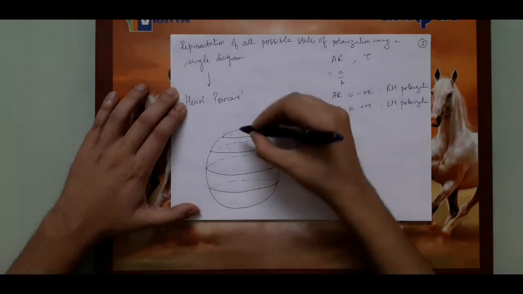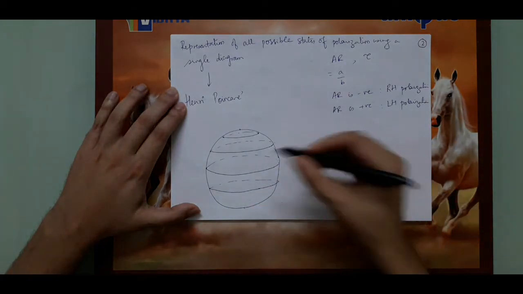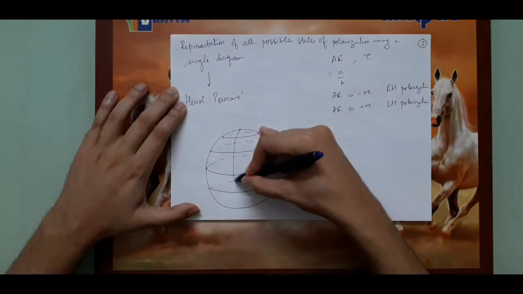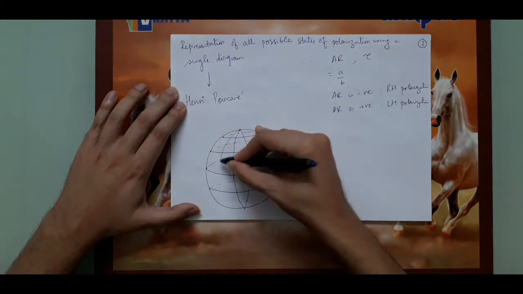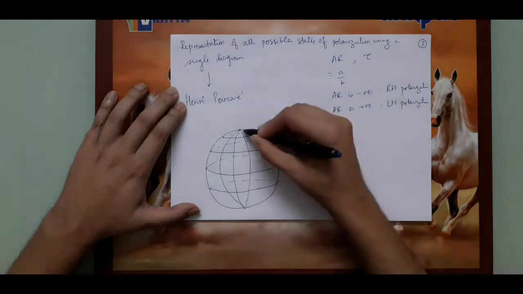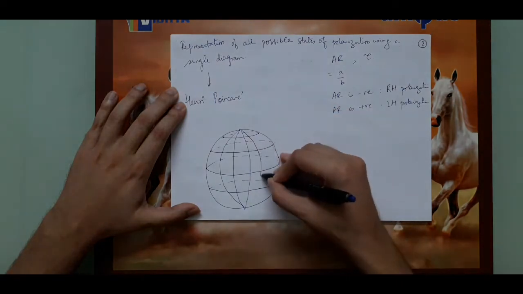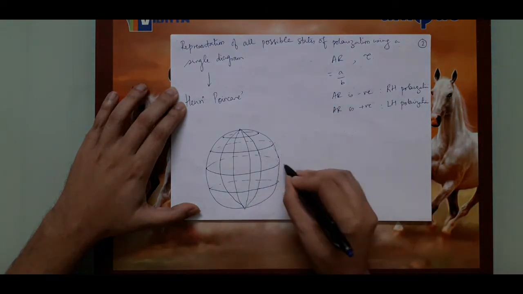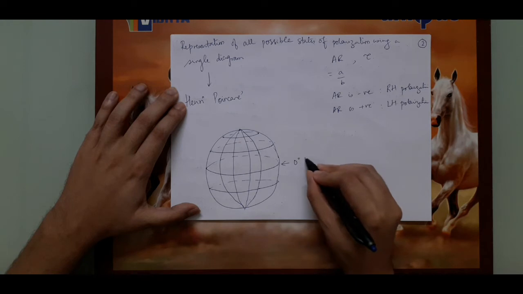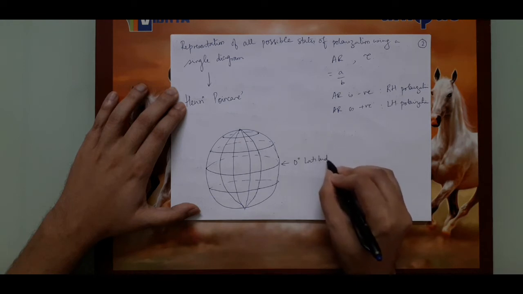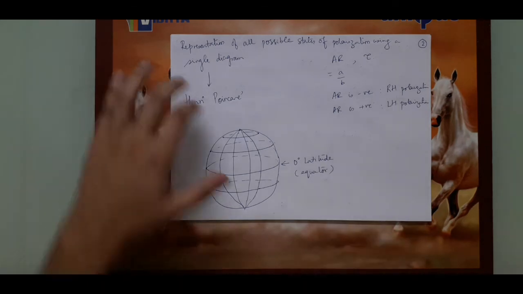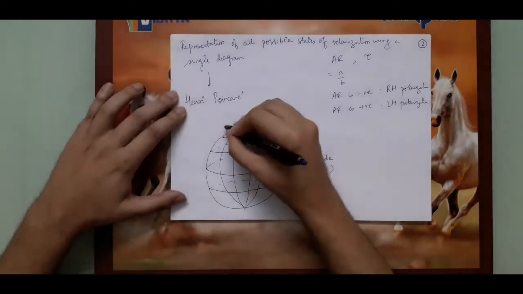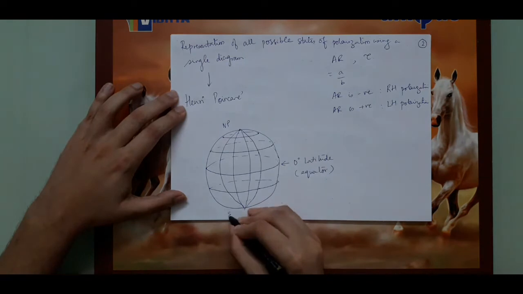And the longitudes can be drawn connecting the north and the south poles. Something of this kind. So this is the 0 degree latitude, which is also the equator. This is the north pole and this is the south pole.